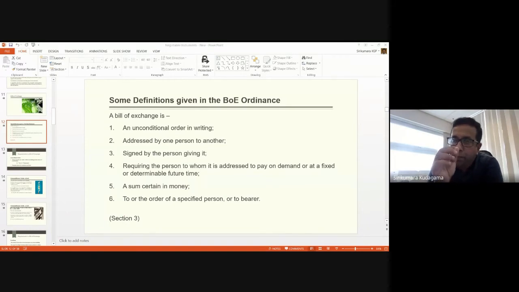What is my order? I'm ordering the bank to pay a sum certain in money to a specified person. Who is that person? Mr. X, right? So I'm ordering my bank to pay that amount to a specified person. Or else my check can be written as pay X or order 1,000 rupees. Then not only X, X's order is also there.